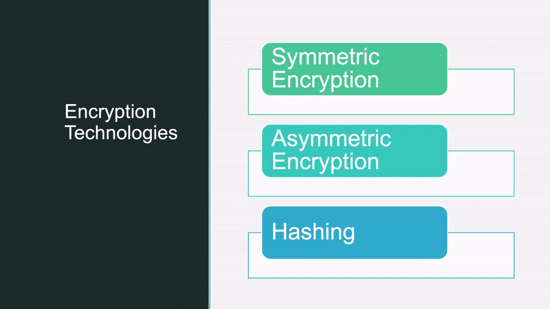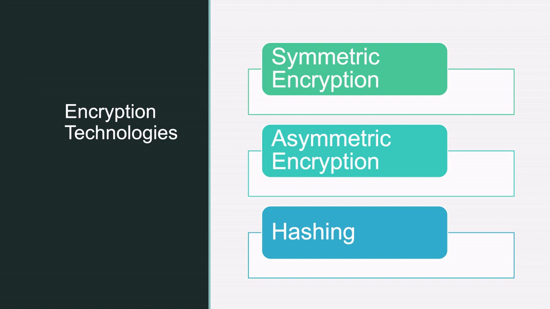Once that hash value is generated, it is shared with the other party, and based on that hash value, it is decided whether the data that is carried along with that hash value is tampered or not.